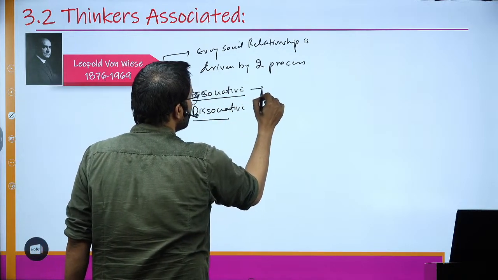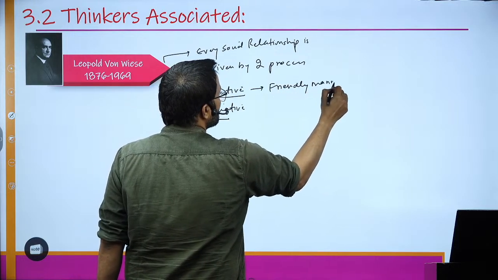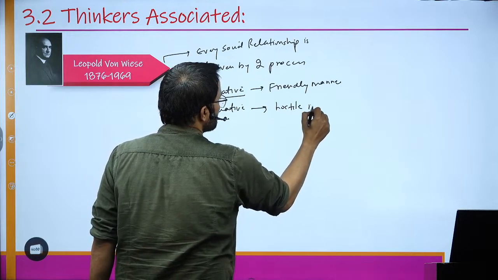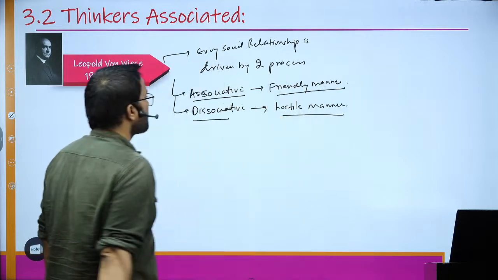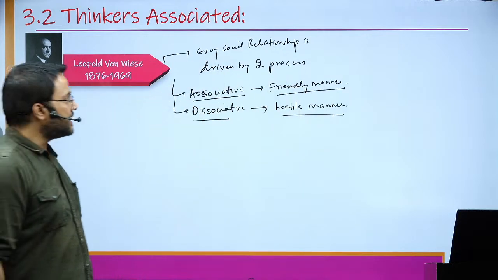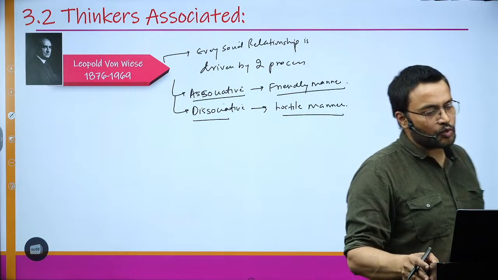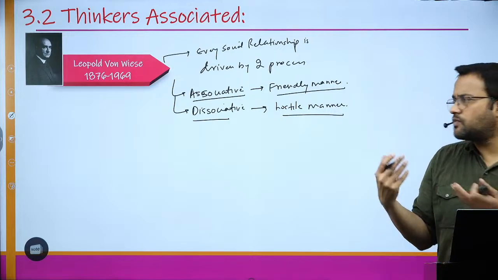Associative means they are interacting in a friendly manner, and dissociative means they are interacting in a hostile manner. So every relationship is driven by two factors, associative and dissociative.